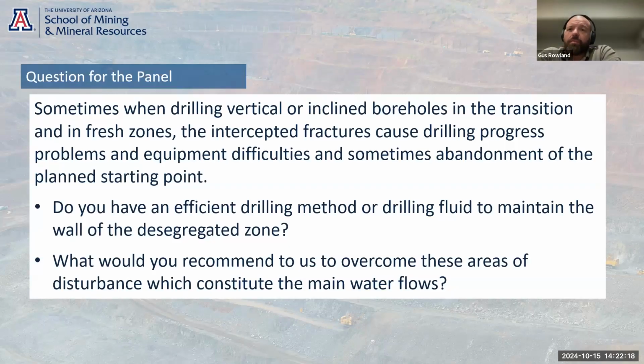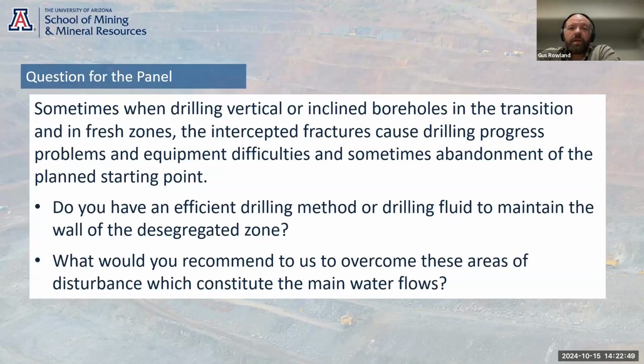I think for very high flow areas, we've seen good success with flooded reverse circulation. So kind of the opposite of the low flow idea, you want to keep your hole flooded as far as possible, but then using reverse circulation to prevent erosion of the sidewall. That tends to work really well when you've got really high flow situations that you don't have to worry too much about mud caking your principal fractures of your primary water bearing zones.